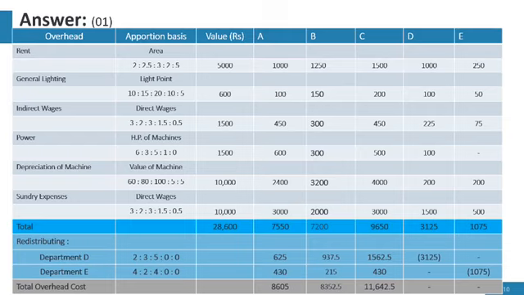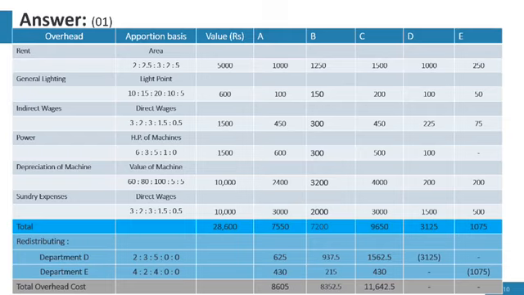Once all overheads are allocated, we then look at the service departments D and E. Service departments do not produce goods directly, but they support production, so their cost must be transferred to production departments.